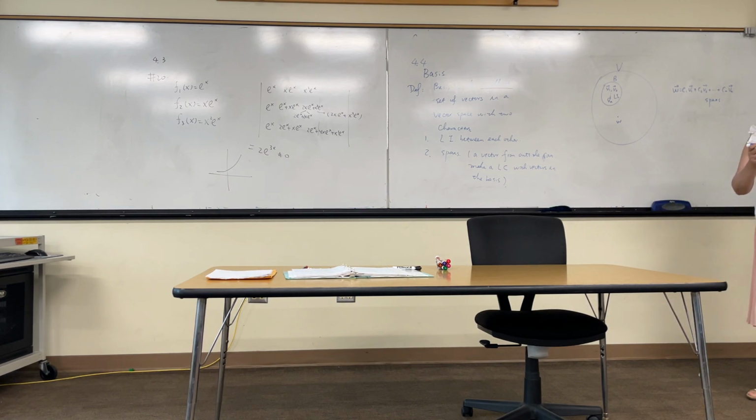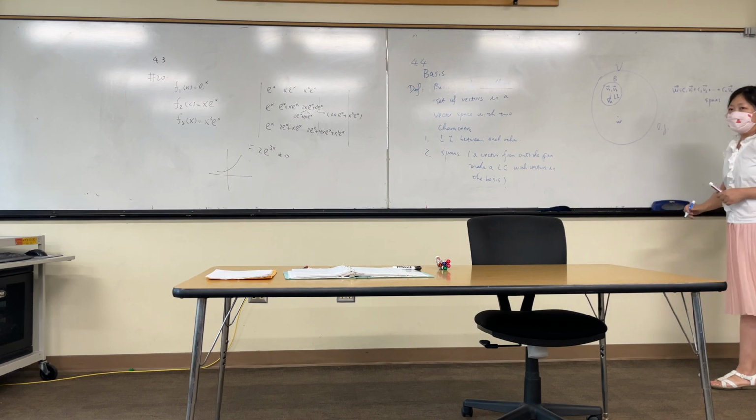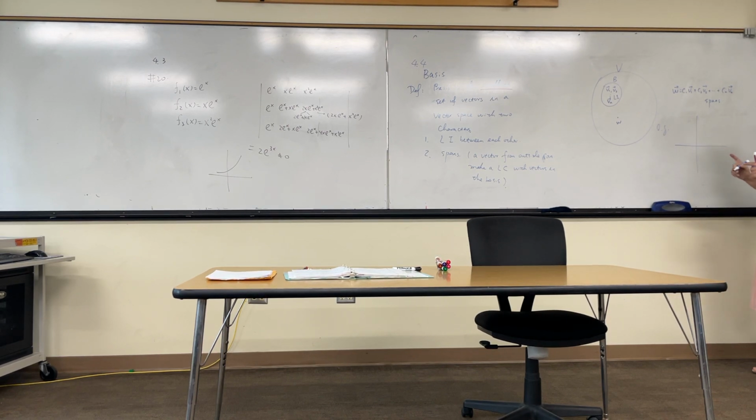Because first of all, let's say I have two vectors here, okay, i and j. If I want to make a coordinate system for 2 dimensions, my i will be right here. Okay.